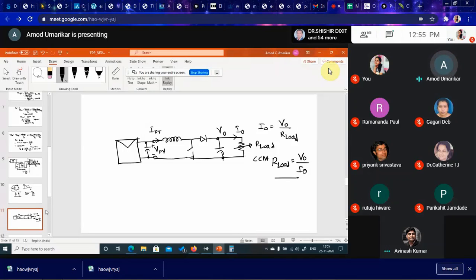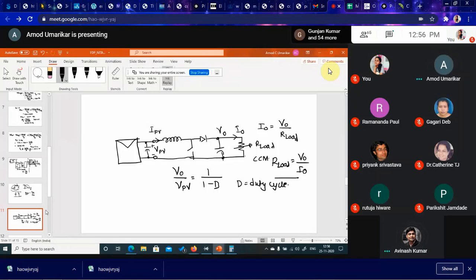Keep this equation in mind. What is the relation between V0 and VPV? 1 upon 1 minus D, where D is the duty cycle of a switch. I hope I don't need to explain this to you, correct?